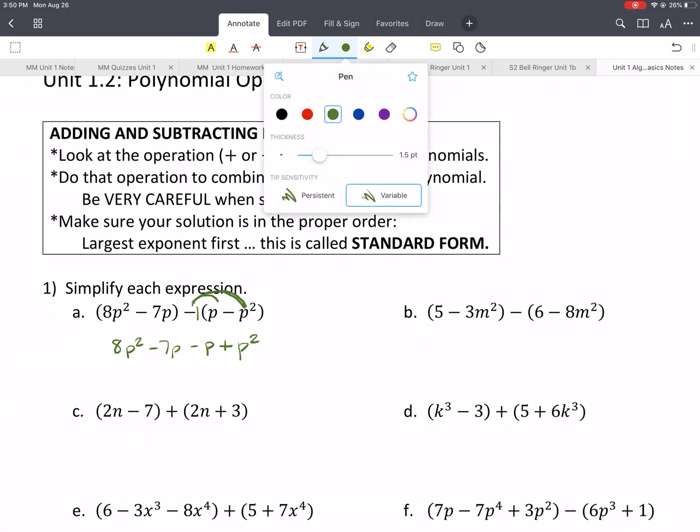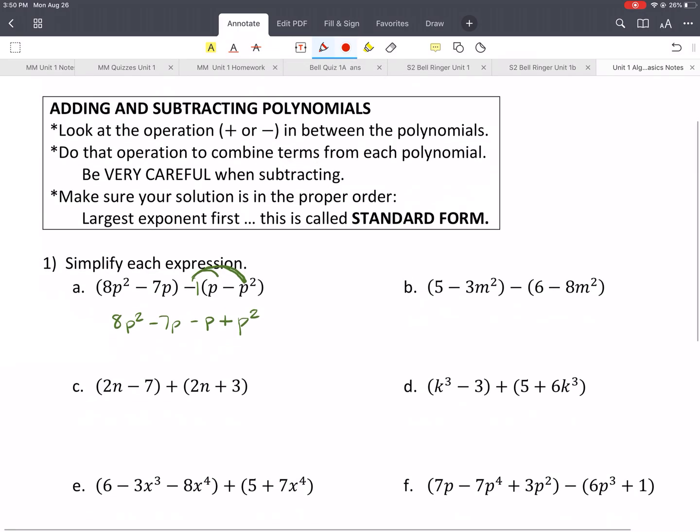At that point, we would combine like terms. Remember, like terms means that they have the same variable and the same exponent. So for example, here we have a p squared and a p squared, so we could add those together and get 9p squared.